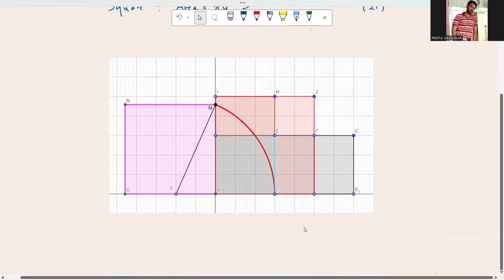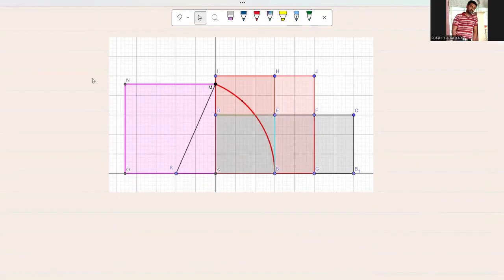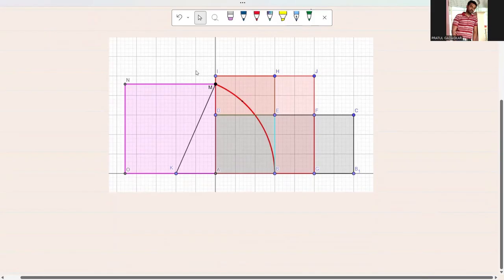Now in this diagram, you can see that if I consider the original length of the rectangle, let me just mark that. So let me write here x and y on the page. So AB1 is x.